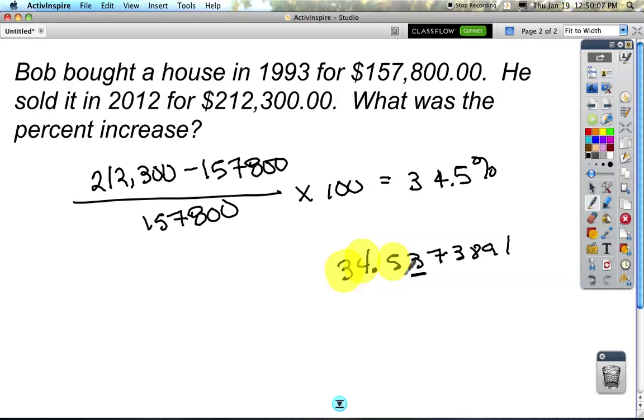Now, let me ask you this. If I ask you for 2 significant figures, what would my answer be? 35. Everybody look. 1, 2. Look at the next one. Would that round the 4 up or leave it the same? Rounds it up. Now, what if I ask you for 4 significant figures? 34.54.